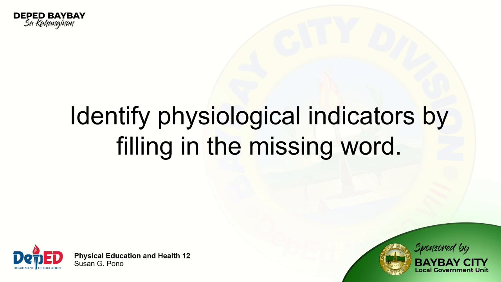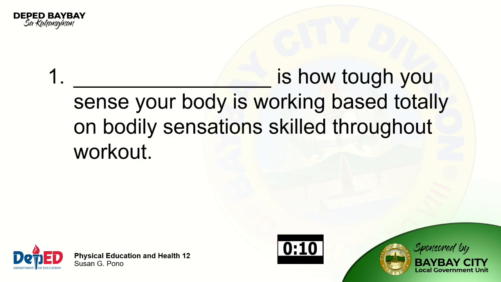You have 10 seconds to complete the missing terms. For item number 1, blank is how tough you sense your body is working based on bodily sensations experienced during workout. Your 10 seconds starts now.